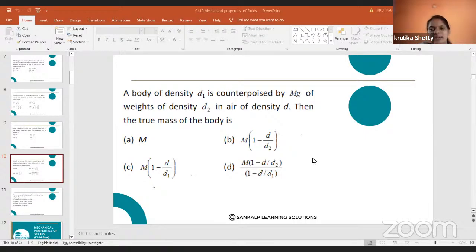Remaining students, you are getting the answers. It is option D. Can you try it based on the previous concept so that we can go for the next question? Okay, I'll go to the next question.